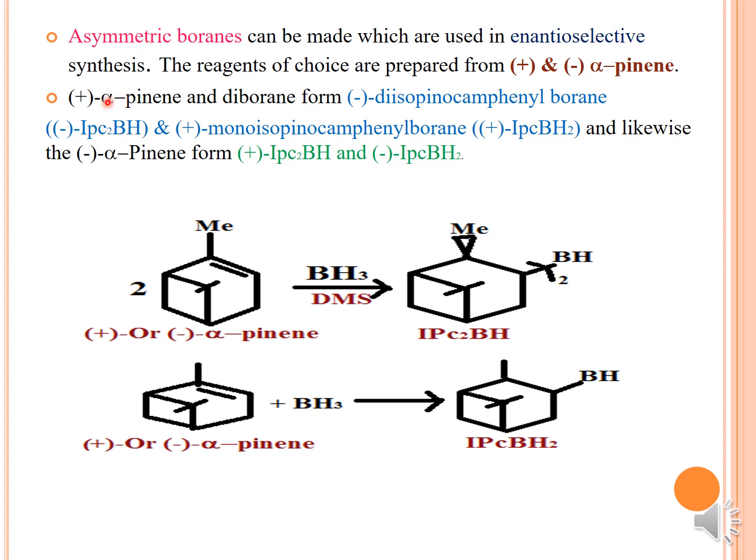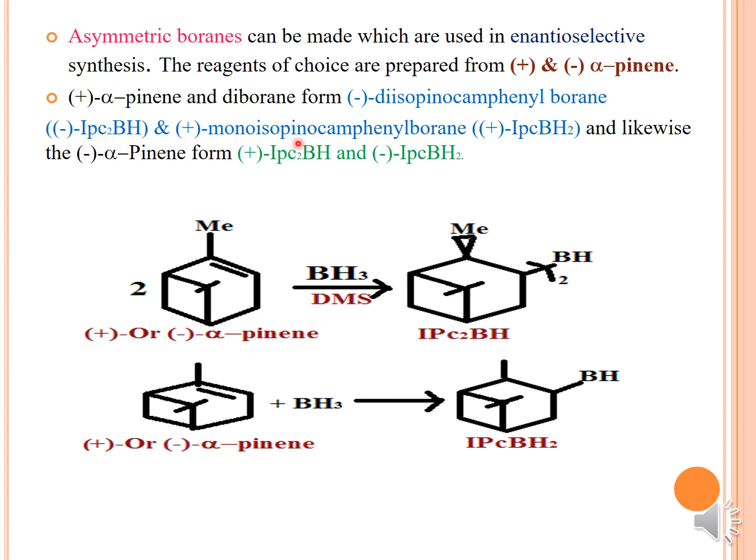If you are taking the plus alpha-pinene and treating it with diborane, it will form the minus diisopinocampheyl borane, and that enantiomer can be represented as minus Ipc2BH, that is your diisopinocampheyl borane.